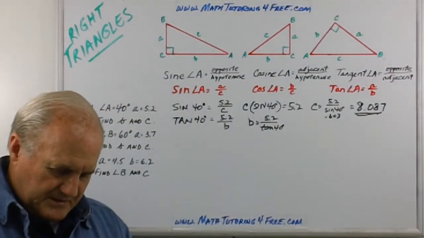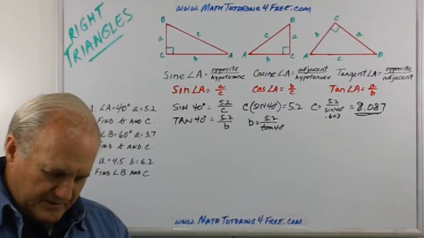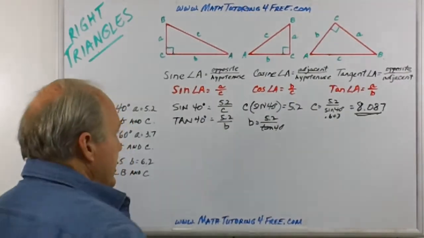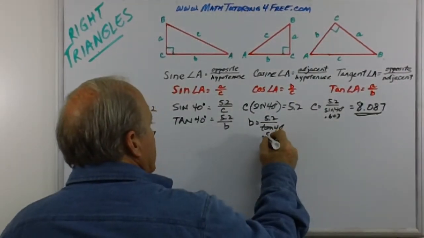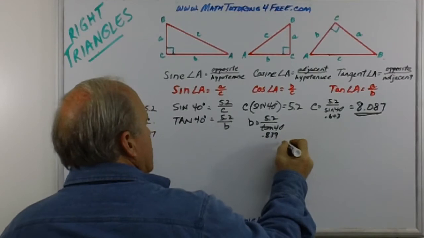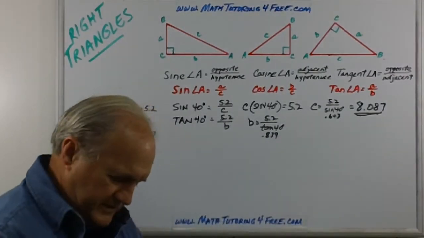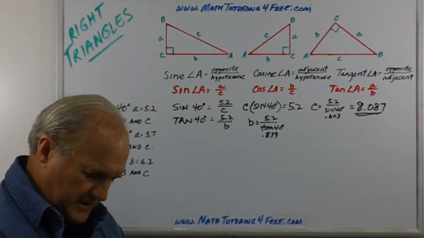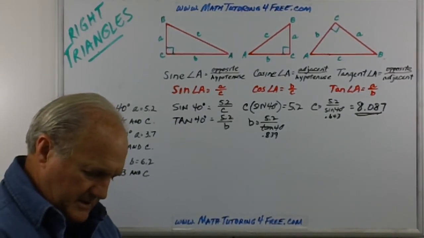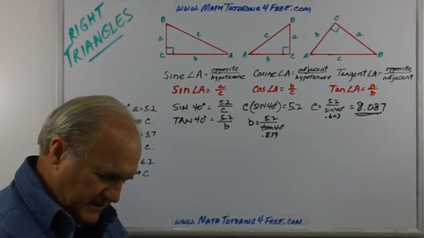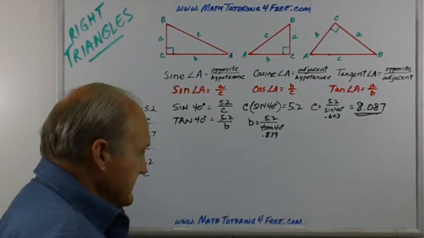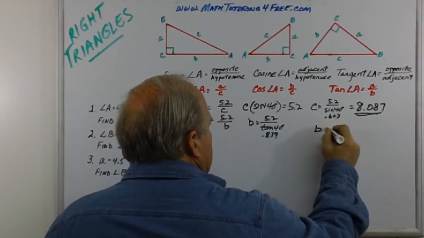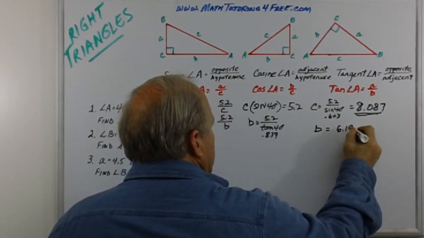Well, it's, again, 0.839. So we now have to divide 5.2 by 0.839, and it says our answer is 6.198. So in this case, B is equal to 6.198.